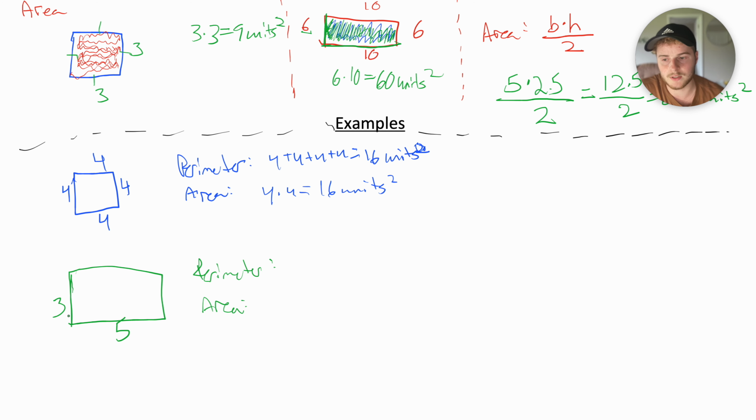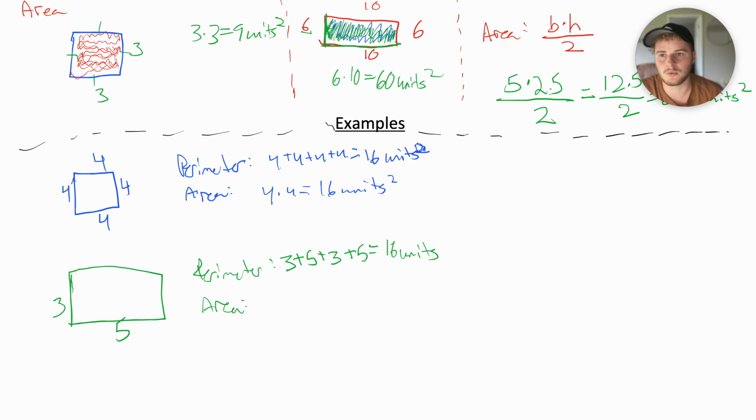So we got 3 on the short side, 5 on the long side. We know that we have 3 and 5 already, but we can also infer, because it's a rectangle, that the opposite side of 3 will also be 3, and the opposite side of 5 will also be 5. When you add 3 and 5 plus 3 and 5, you're going to have 16 units for the perimeter.